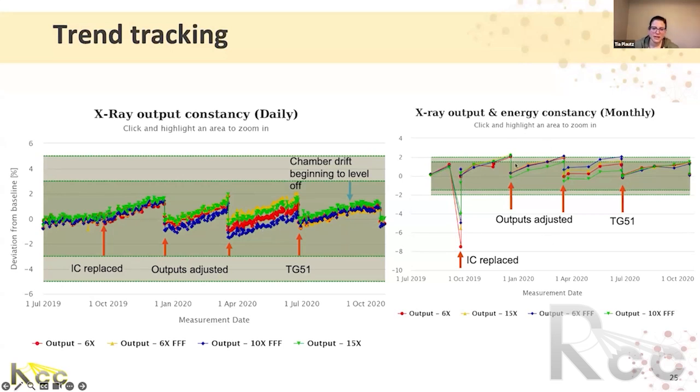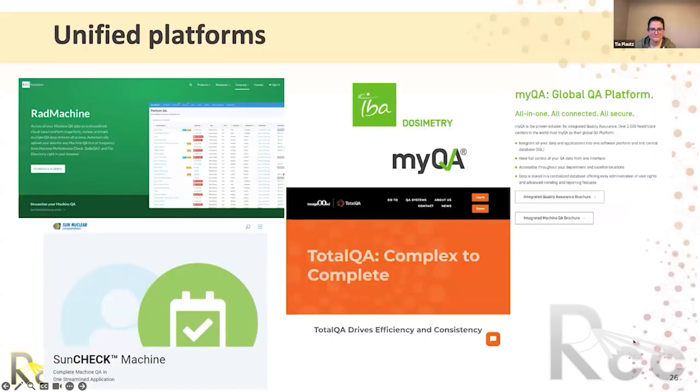The other useful thing is that we can look at our monthly outputs, which are taken using a different setup and different device, and we can see that they follow exactly the same trend as the daily outputs. That's a great little sanity check when you're dealing with something as important as machine outputs.